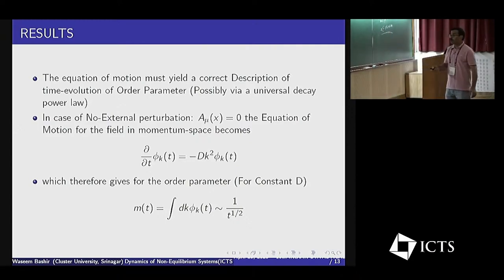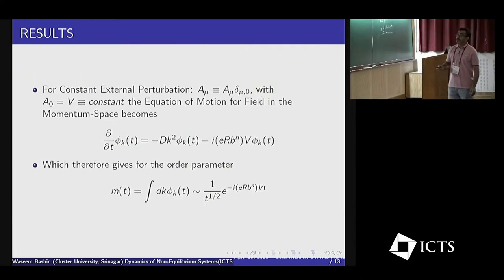Now if we move to the other case, where we take this gauge field in the mean field approximation, with the time-dependent part taken to be constant, the equation of motion turns out to be this, where E is the charge on the complex field, R is that element, and B is the scaling factor which we have used.